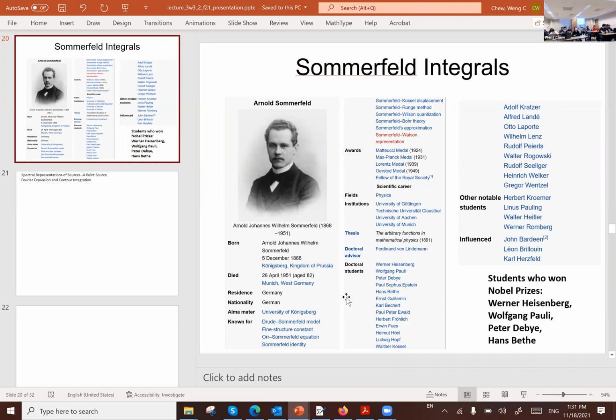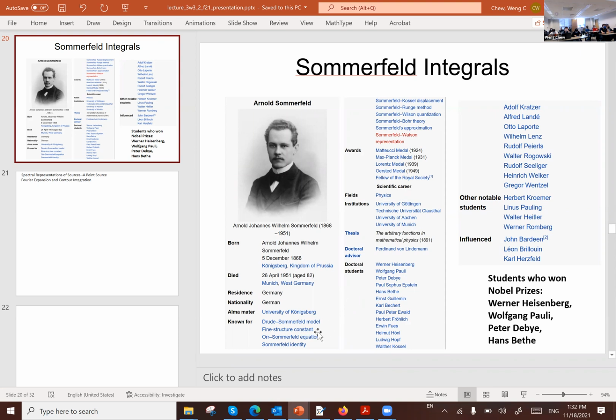So let's get started. I'd like to finish up on scattering and then move on to some of the integrals. This is just the slide I like to show. I think the most famous achievement of his is the fact that he mentored four students who later won the Nobel Prize, and he himself never won the Nobel Prize.